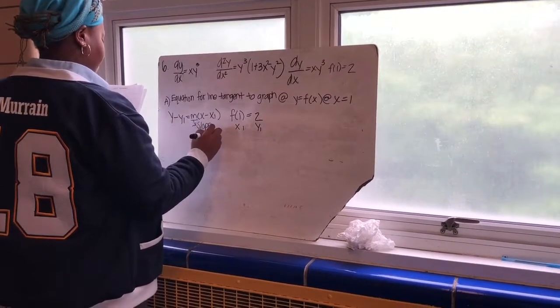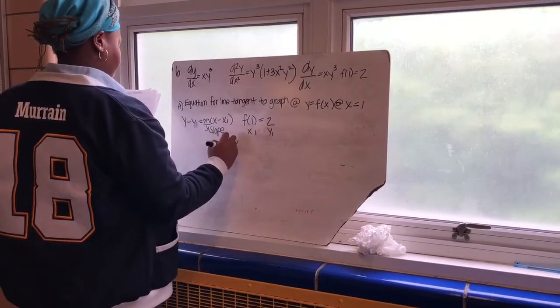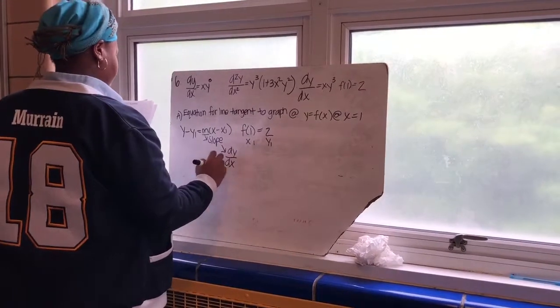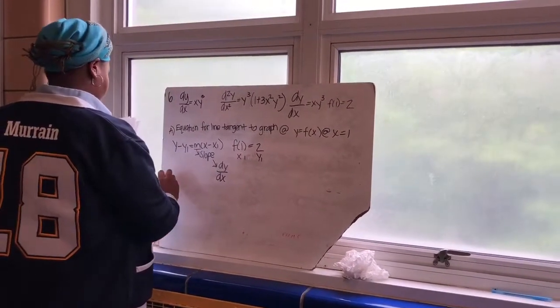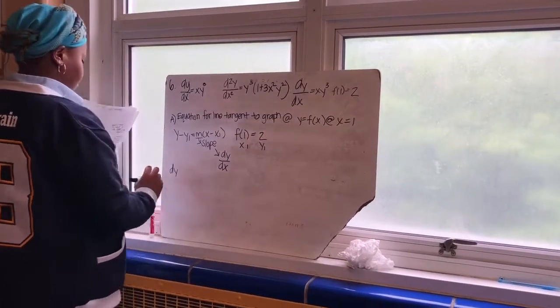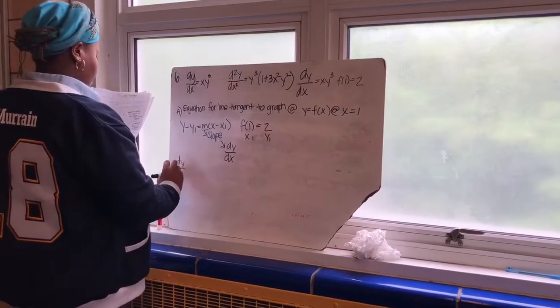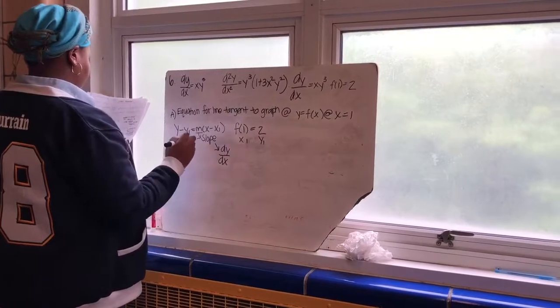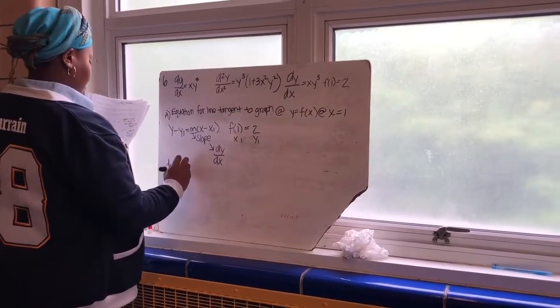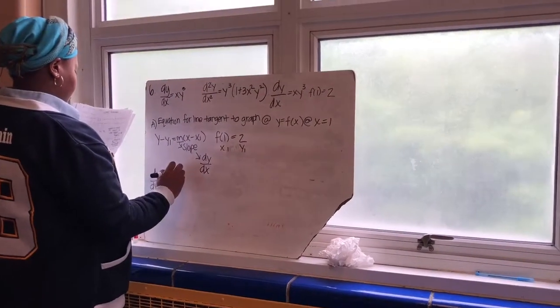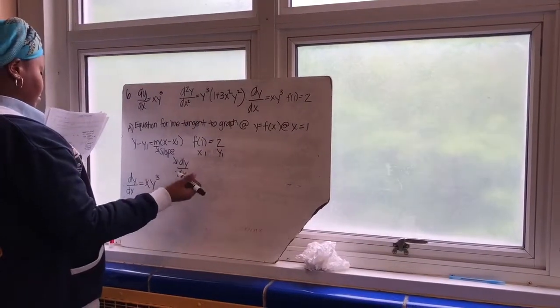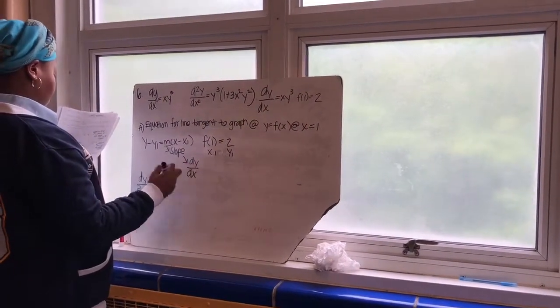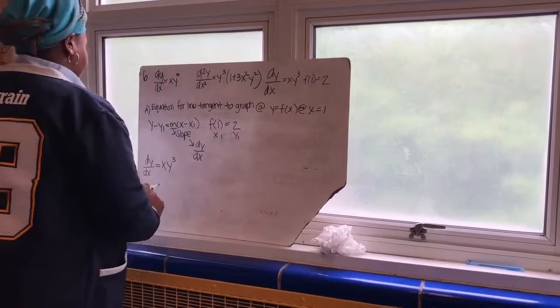But now we have y1 and x1, but we have to find m, which is the slope. As we know in calculus, slope is another form of saying derivative. So we have to take the derivative of x y to the third.